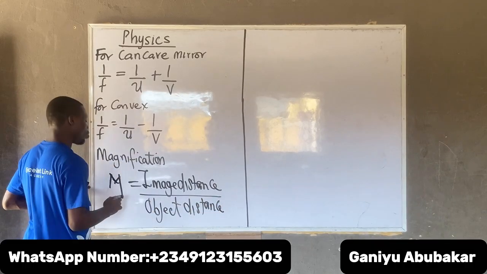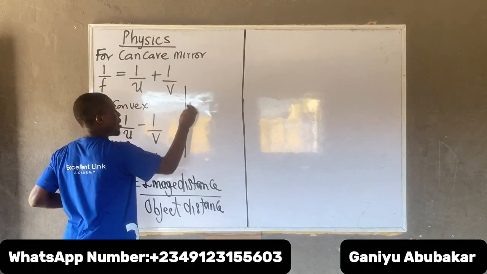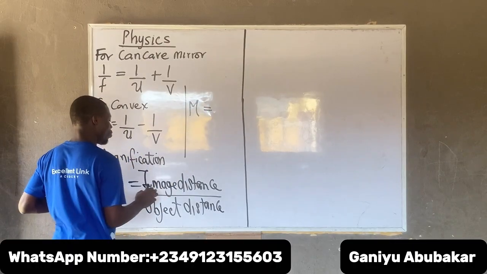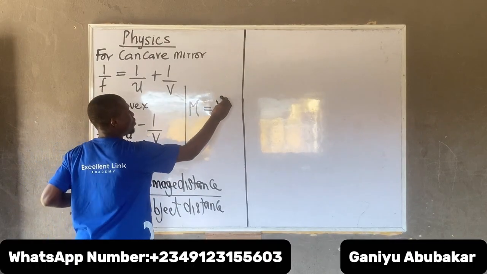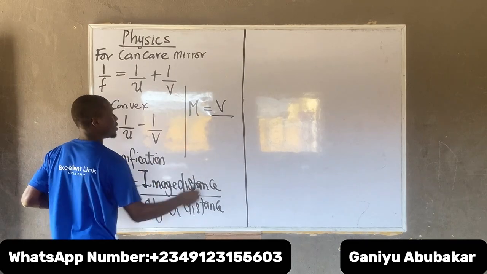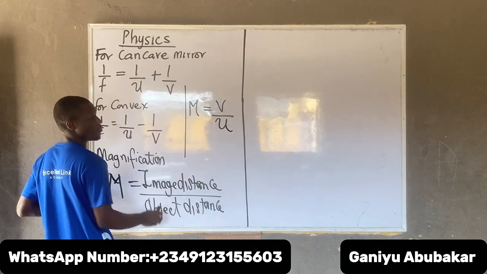In short form, magnification M is equal to image distance V all over object distance U. We call this a formula also.